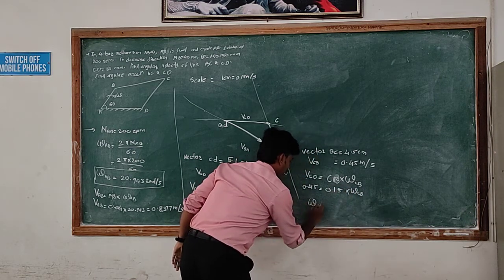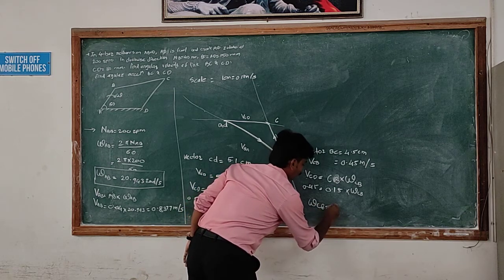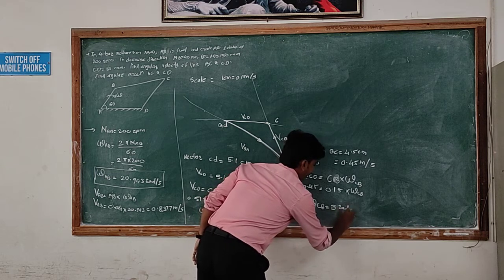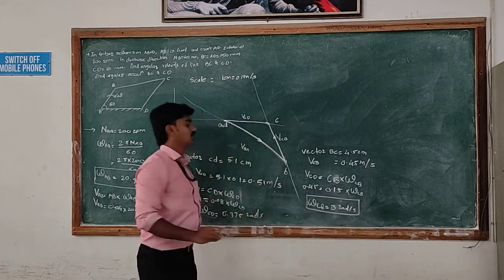Therefore, the angular velocity of the link BC is equal to 3 radian per second.